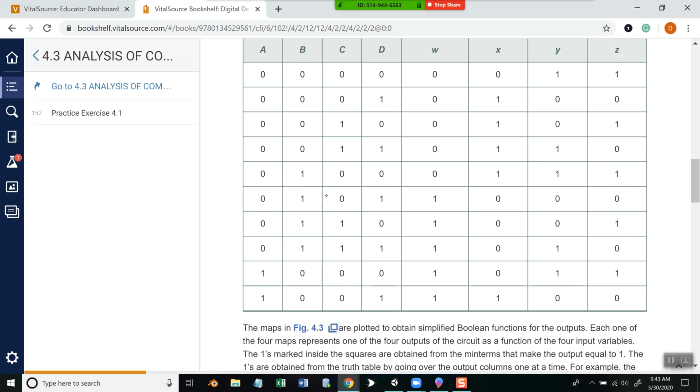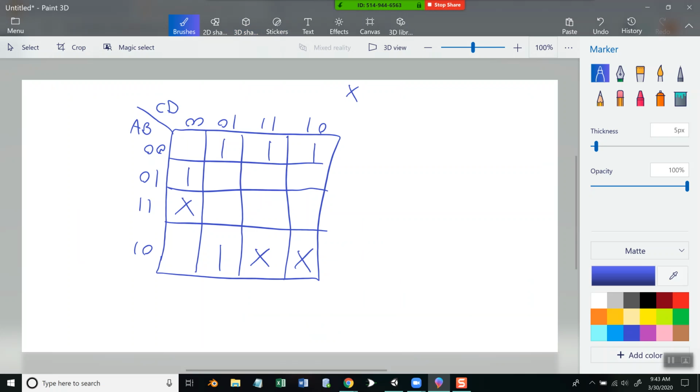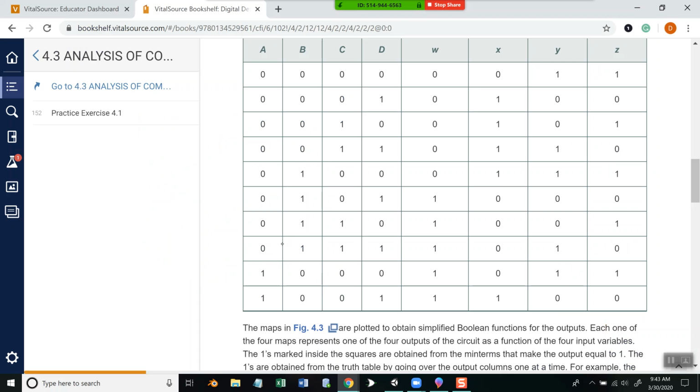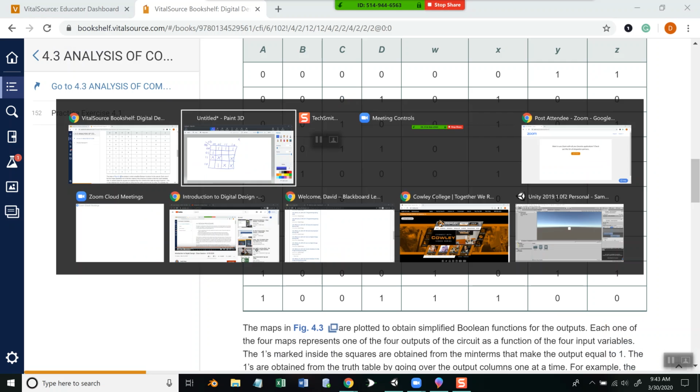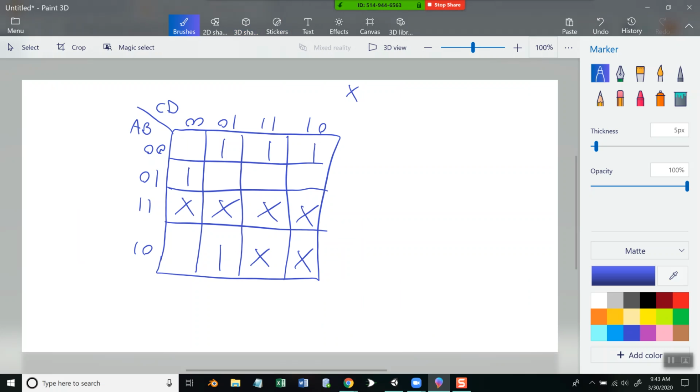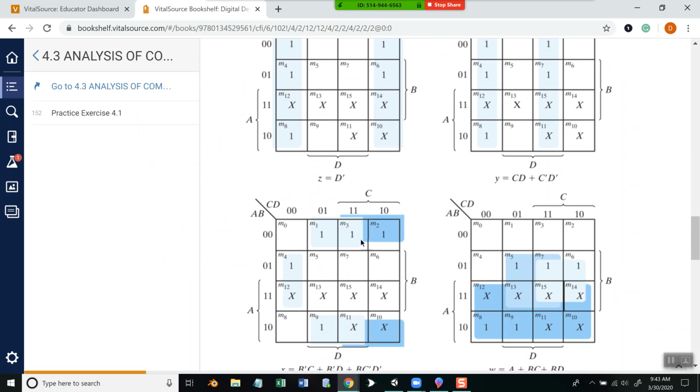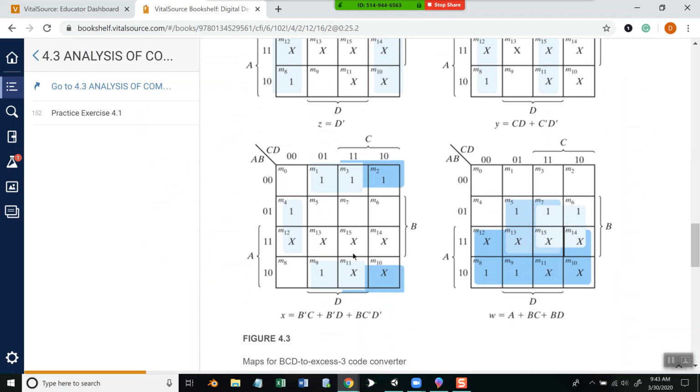Okay, I got that. 1 1 0 1, 1 1 0 1. 3 ones and a 0. And last one, all ones, 1 1. So assuming my eyes didn't get off, that should be where they came up with the values. Yeah, that right there. Okay.